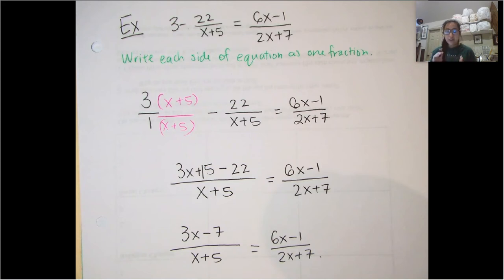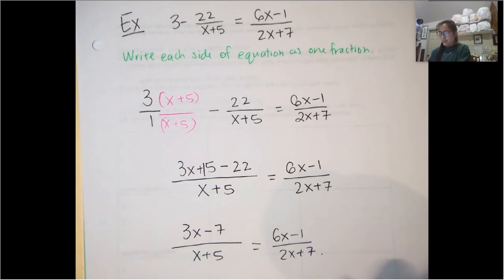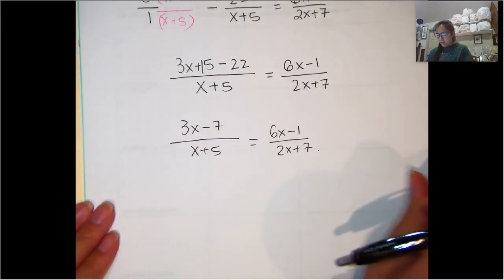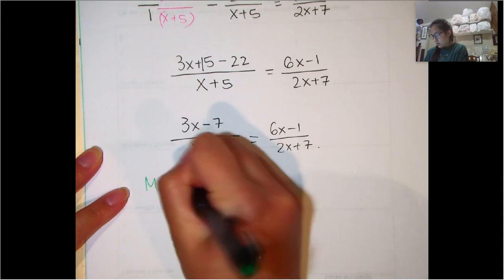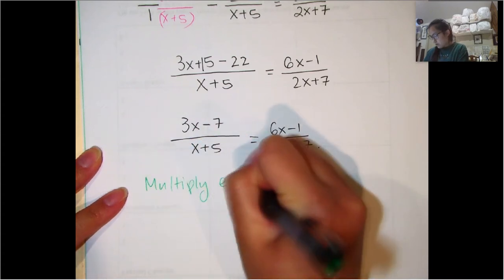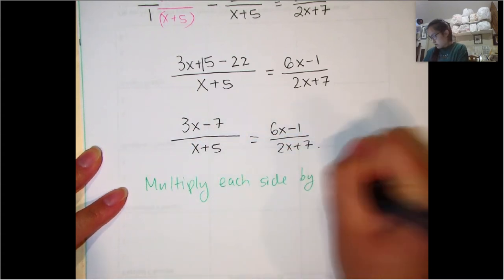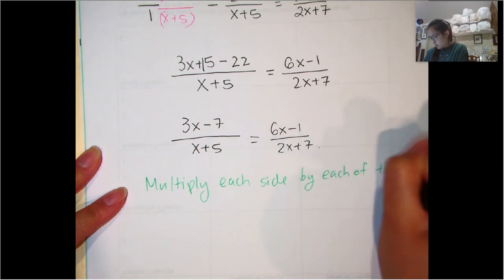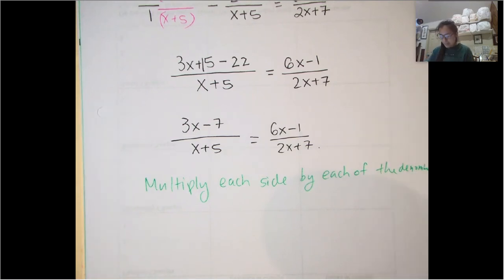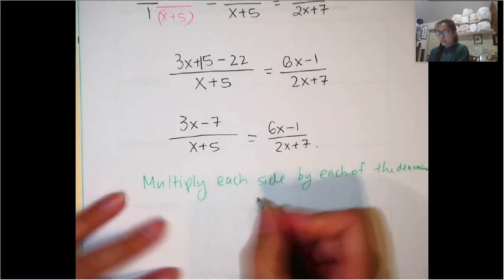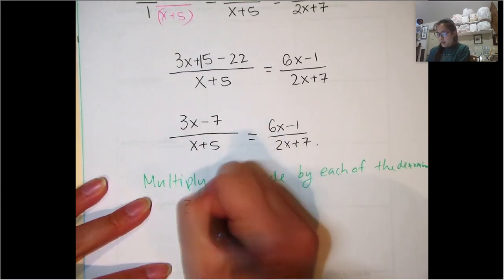When you're done with having one fraction on each side, what you want to do is multiply each side by each of the denominators.